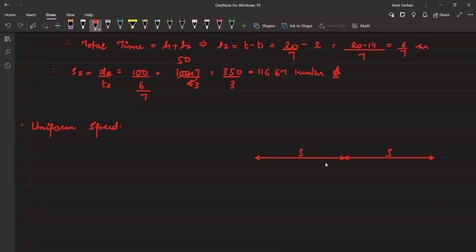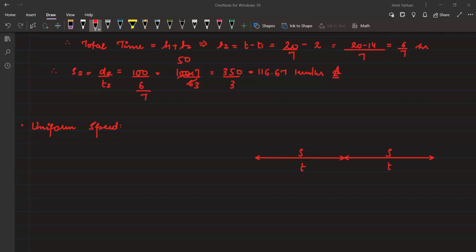If a body is covering the same amount of distance in equal intervals of time, that is t and t, then this type of journey is called a uniform speed journey. It means the object is covering equal distances in equal intervals of time. Got it? Any doubt?